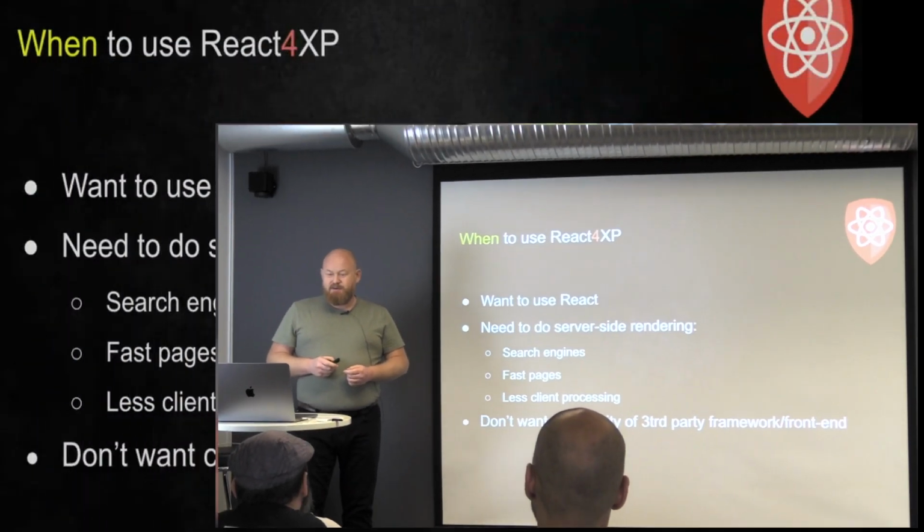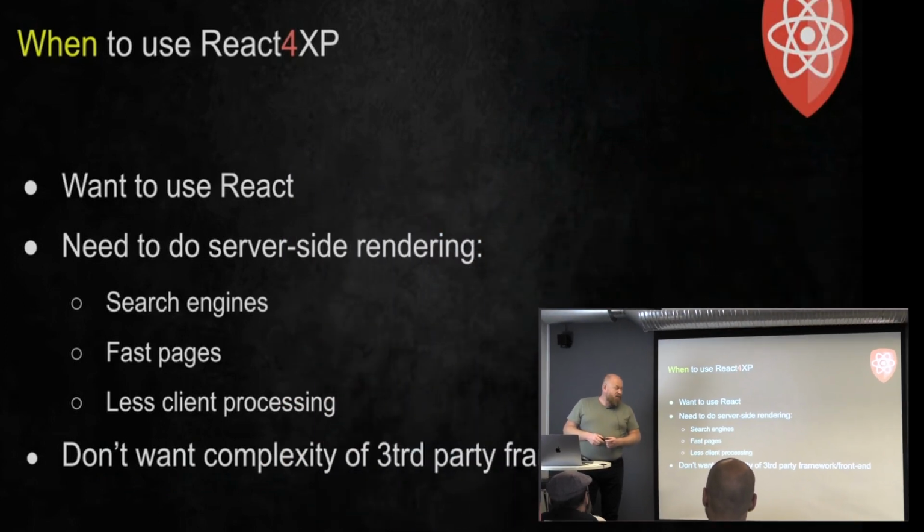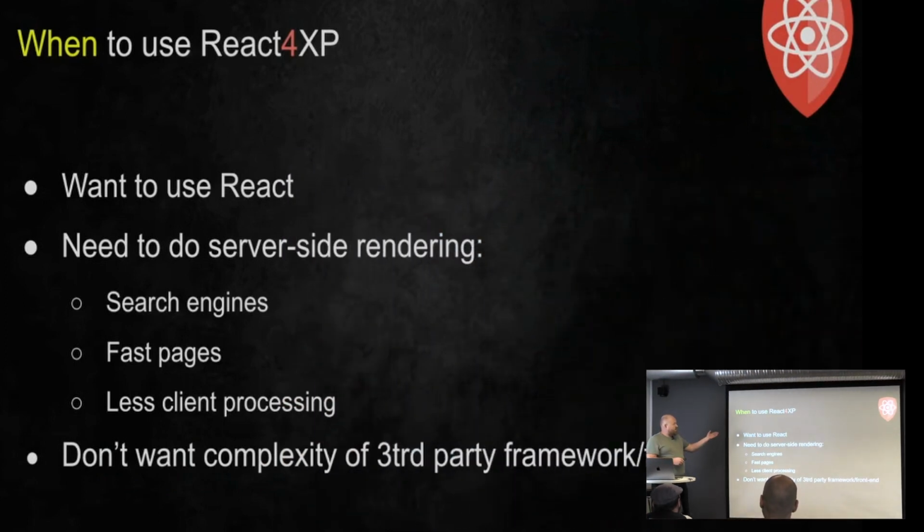I'll start with when do you want to use this? Basically, if you want to use React with Enonic, and you need to do server-side rendering. For instance, if you want your site to be available on search engines, you need server-side rendering, because not all crawlers support dynamically generated content.